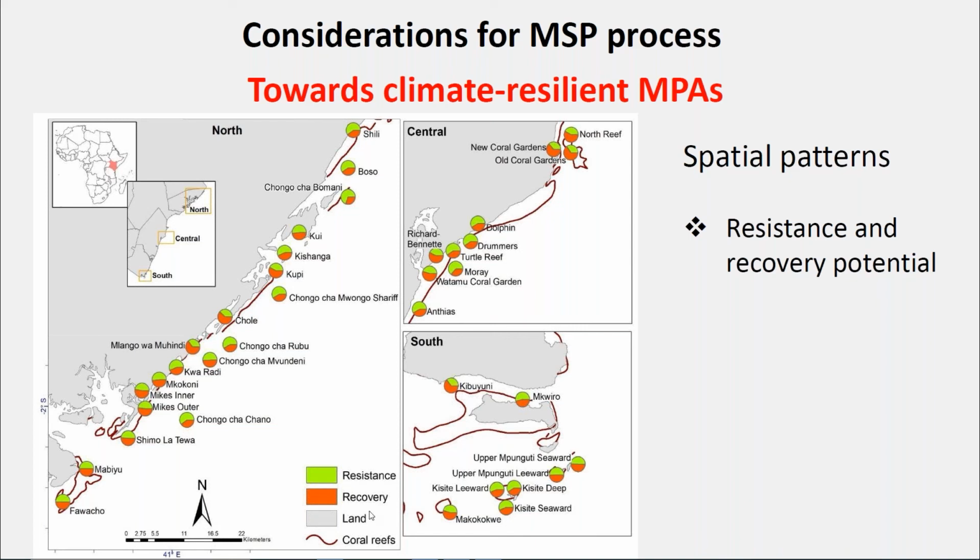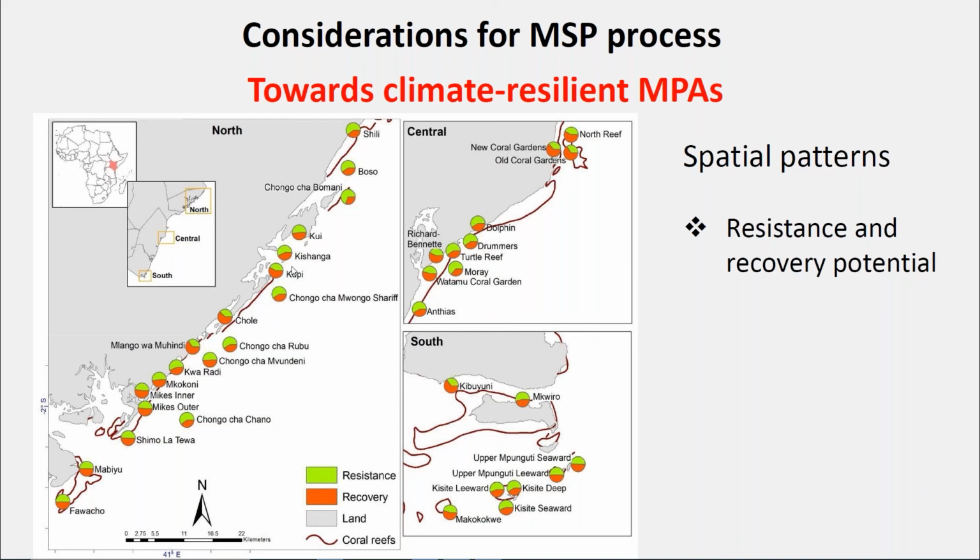And in this figure, we can see that the green is the resistance potential and the red is the recovery potential. We found that the resistance and recovery potential did not vary across the geographic zone. It was uniform, but it varied across different habitats. So even within the North Zone, there was a lot of variation of the resistance and recovery potential across different habitats. So this shows that when we are talking about resistance and recovery potential of coral communities, it's based on ecological functional scales, rather than the biogeographic location.